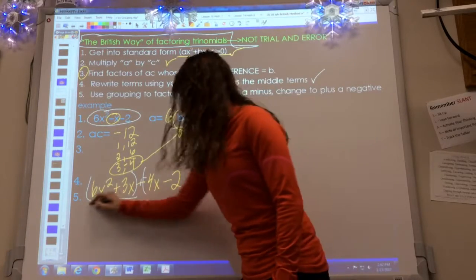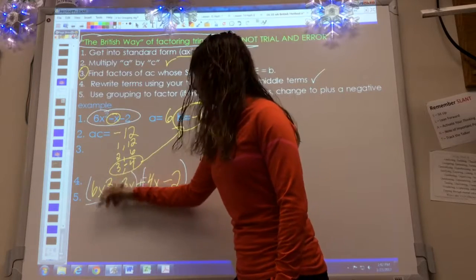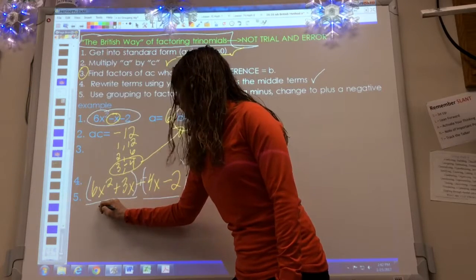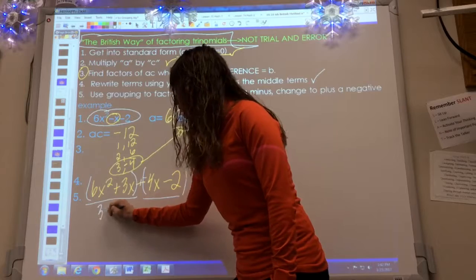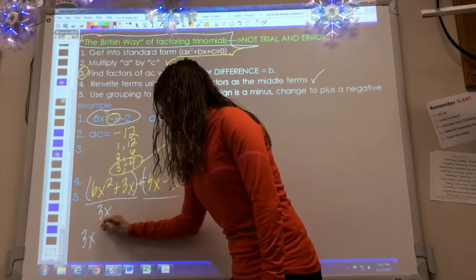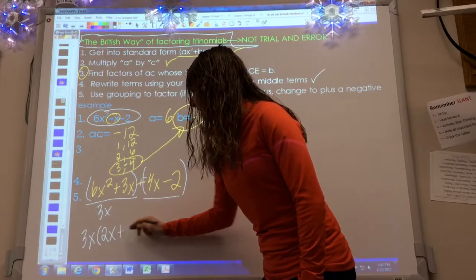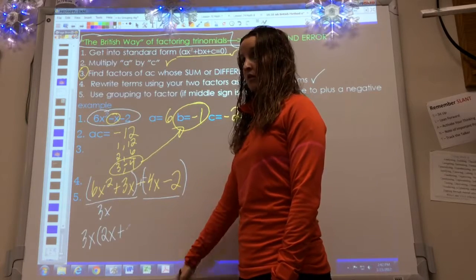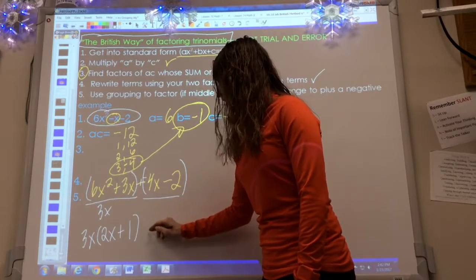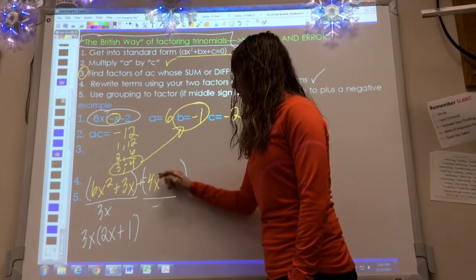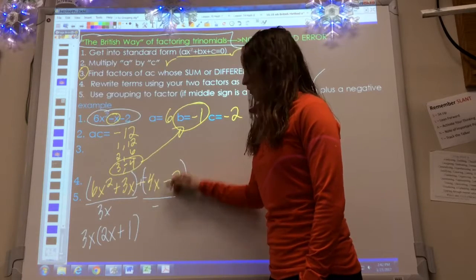And then watch this. What can we factor out of this first group set? 3x. Excellent. So we factor out 3x, and we're going to get 2x plus 1. Then we are going to factor out a -2.